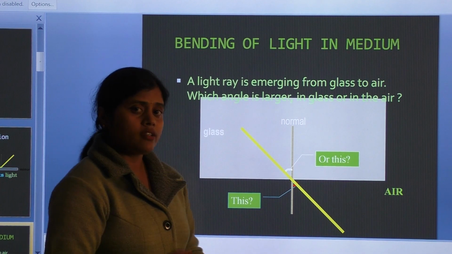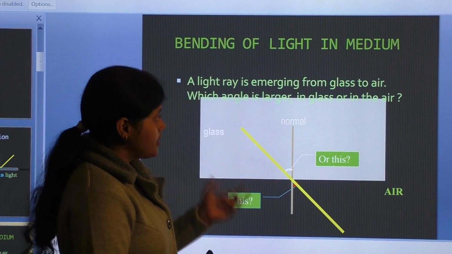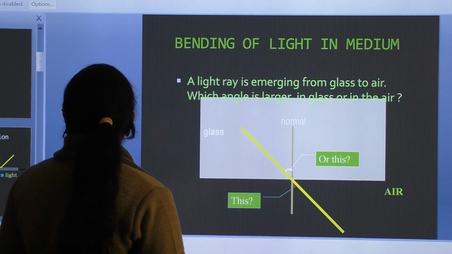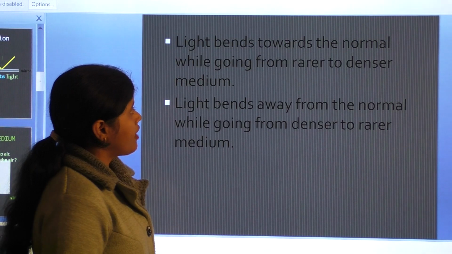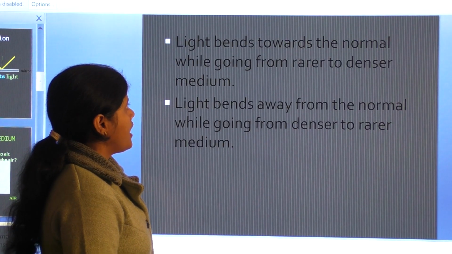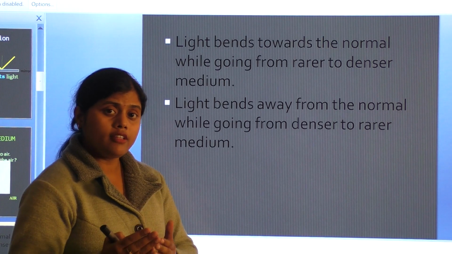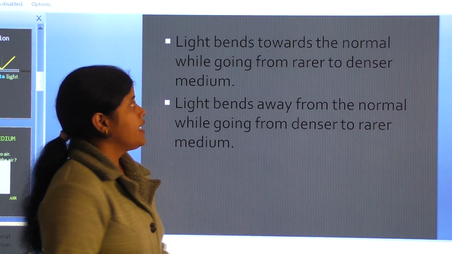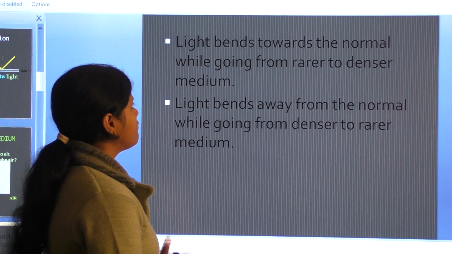So what this indicates is that if light is traveling from a rarer to a denser medium, it bends towards the normal, and vice versa.